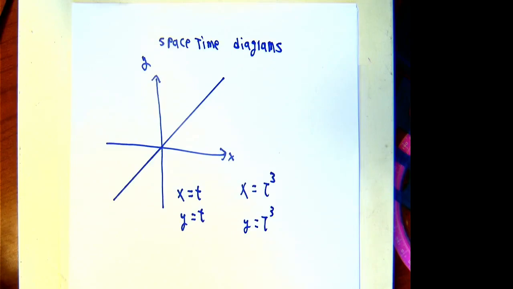However, you could also be moving this way. x could be the cube of the time value, y could also be the cube of t. You are still moving along the same straight line, but the derivative of x and the derivative of y are no longer always constant. This is accelerated motion. Just looking at the xy's, I have no way of determining what's going on here.